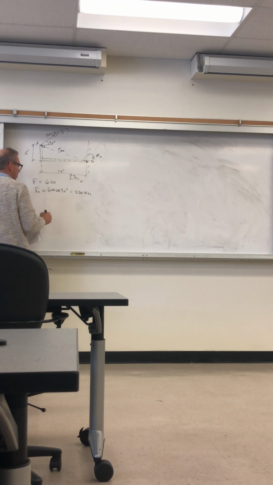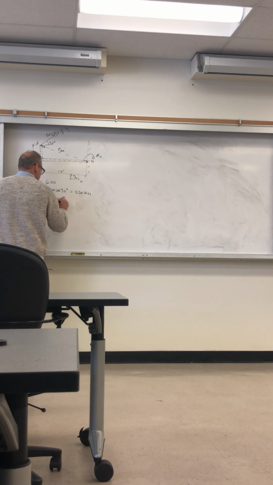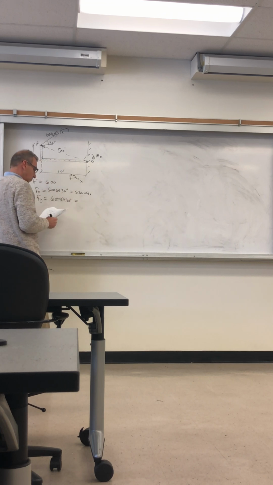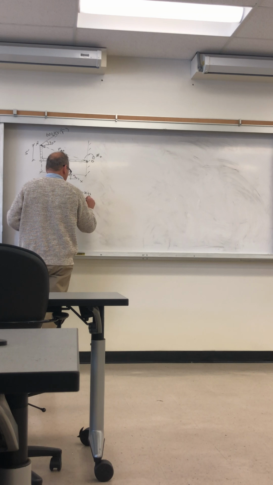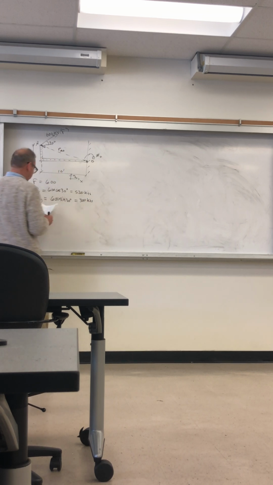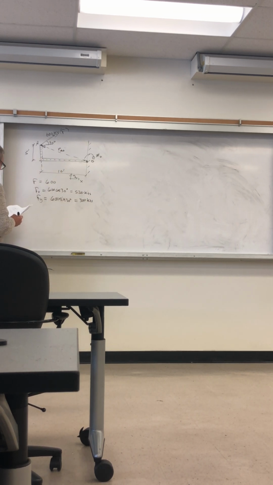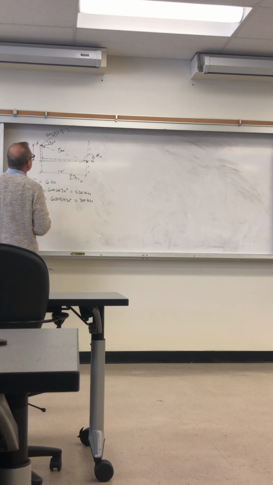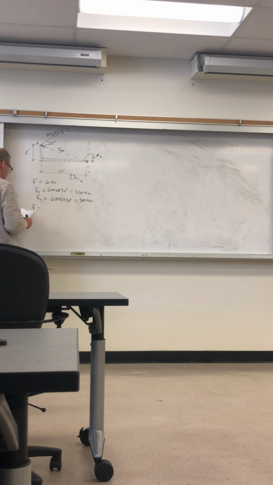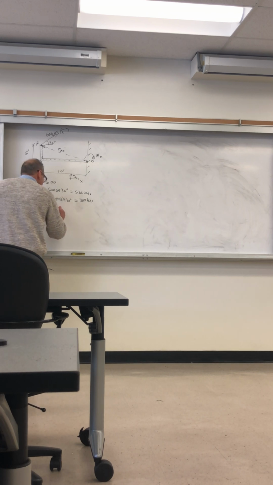That's the horizontal component. F of Y is 600 times the sine of theta. So that's 300 kips. So F is 520 times I, that unit vector, plus 300 times J.